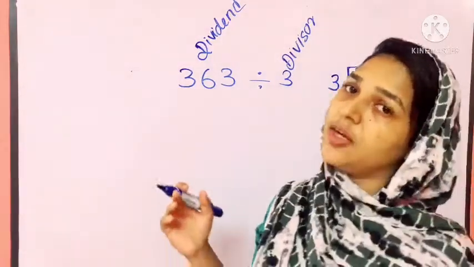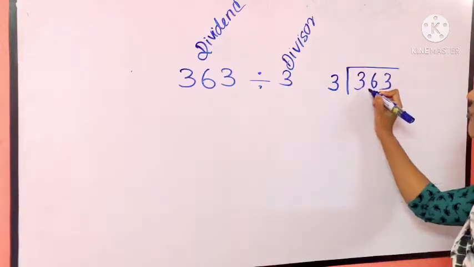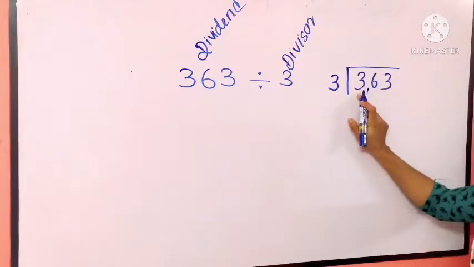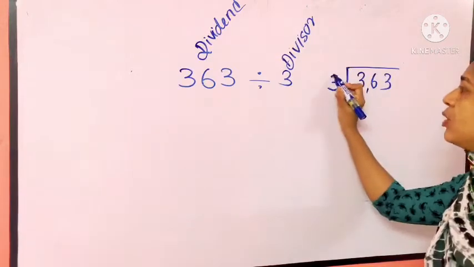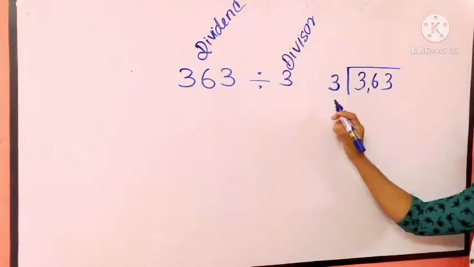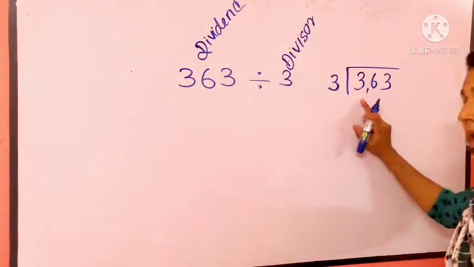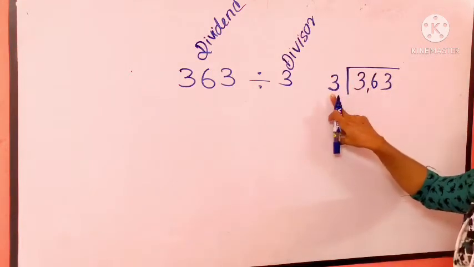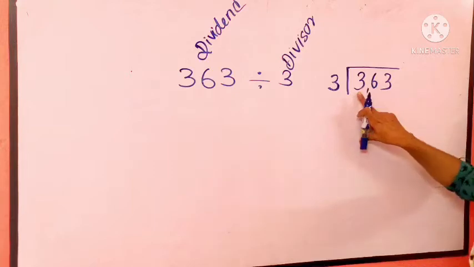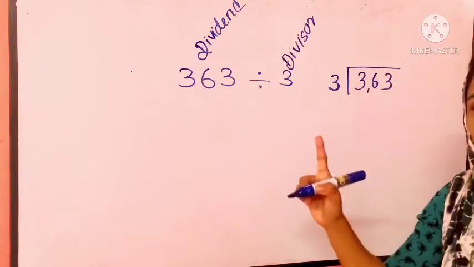Now let's start doing our problem. Look at the first digit. This is 3 and here also we have 3. Recite the table of 3, the table of the divisor, up to the first digit. So 1 3s are 3.